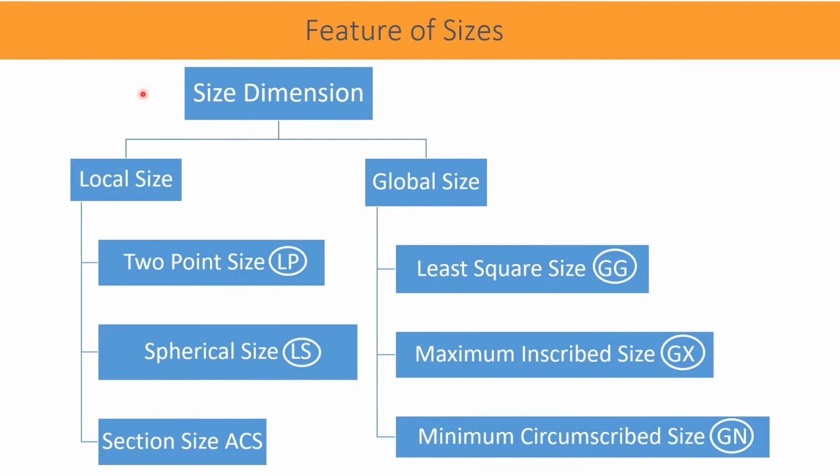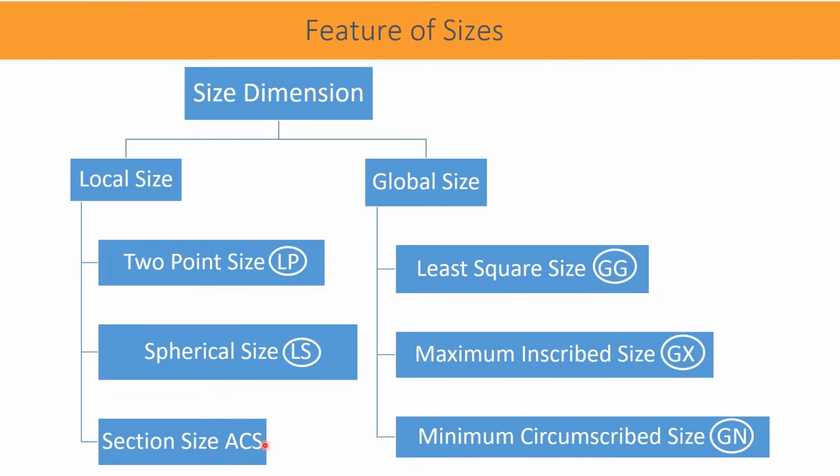In the standard, the symbols for the feature sizes are given to represent them on the drawing. For the local sizes, if 2-point size is to be represented on the drawing, the symbol LP is shown. It is a modifier. Similarly, for the spherical size it is LS, and for the section size it is ACS, a short form of any cross section.